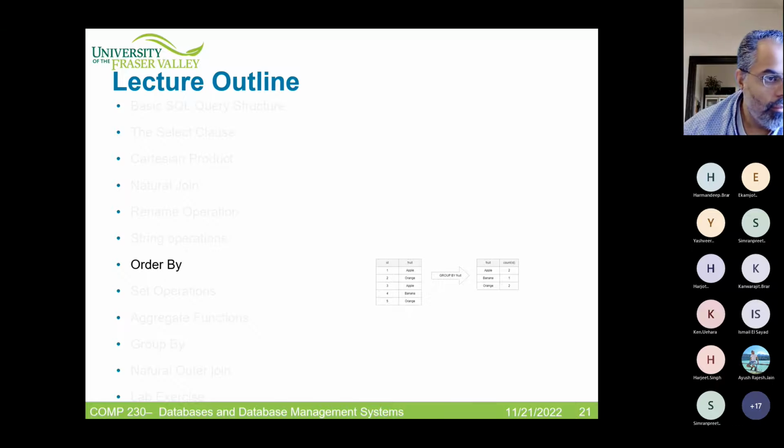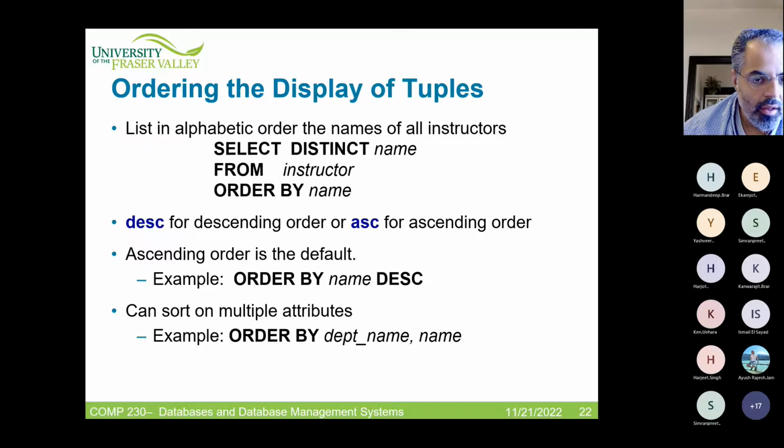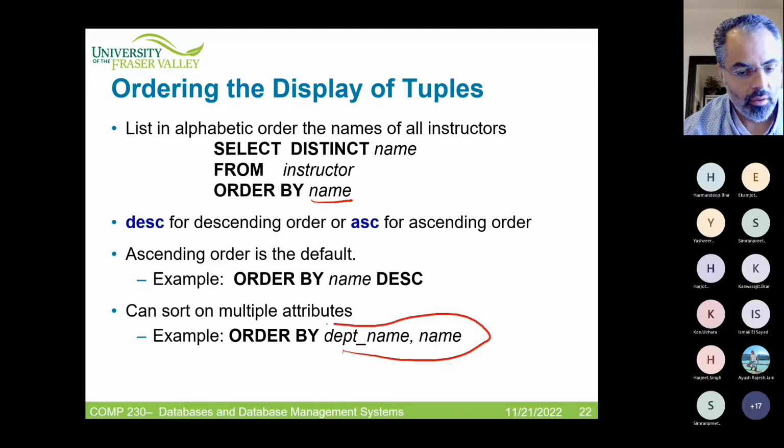Order by. This is what we named sorting in relational algebra, if you remember this. Here we can use order by. We'll make sorting, as we discussed before, using the name of the attribute, or we can use more than one attribute.